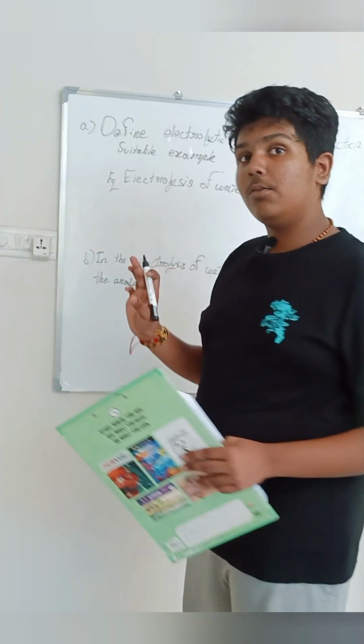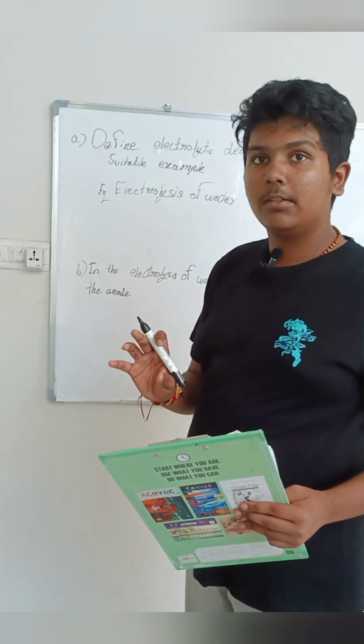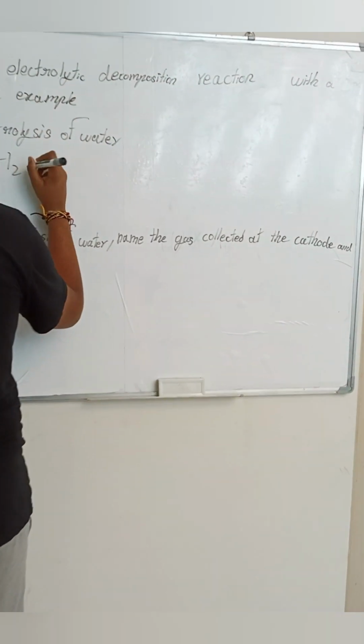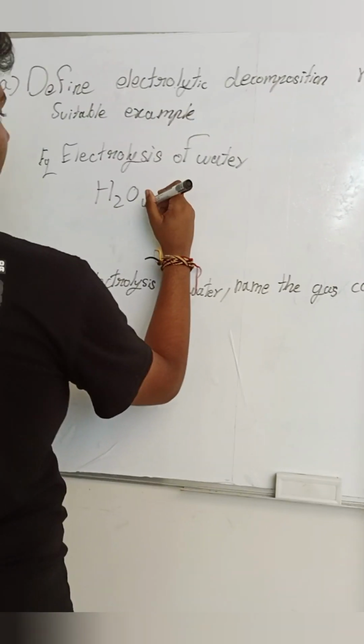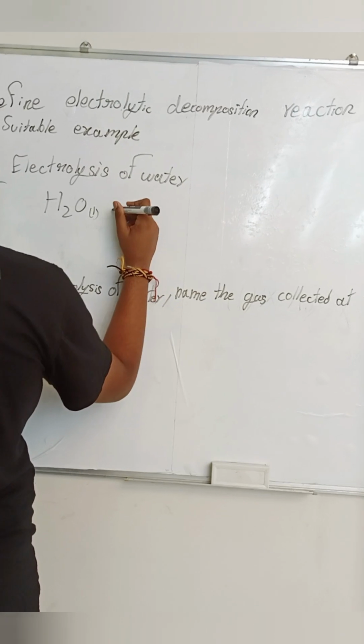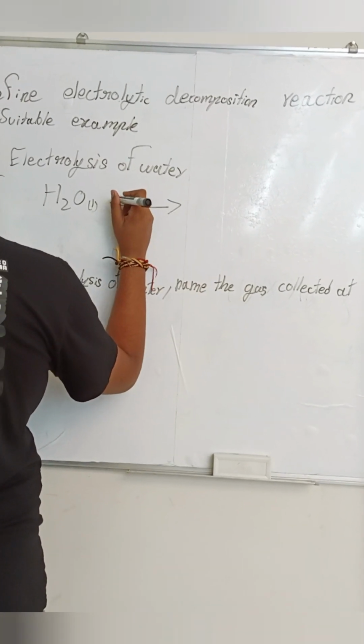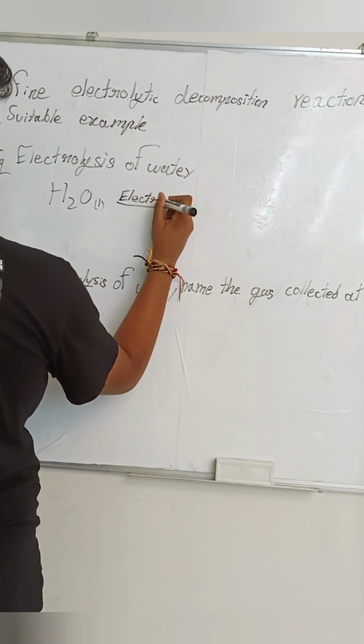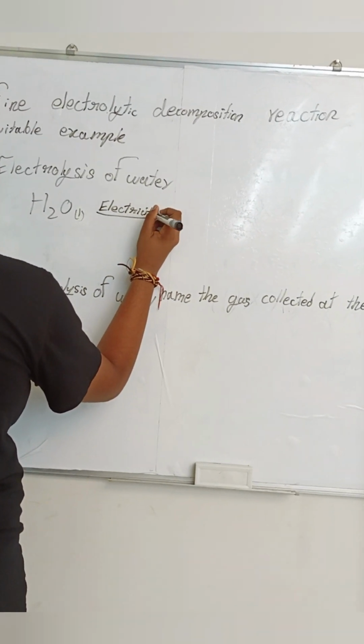First, you should write water's formula. What is the chemical formula? H2O, right? So H2O, which is in liquid form, with electricity, turns into what?